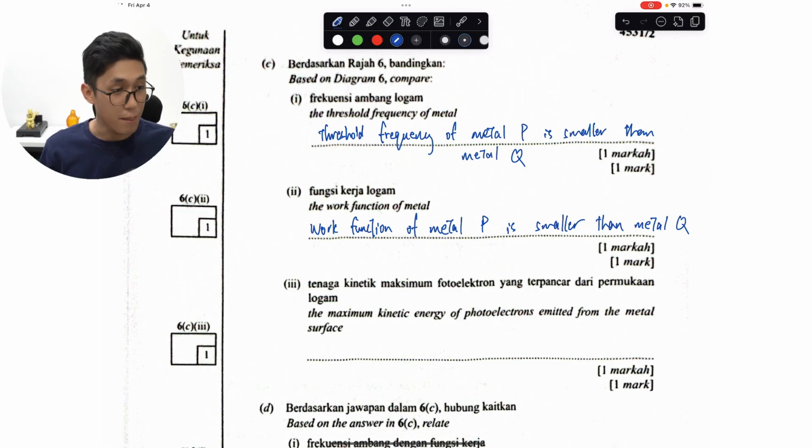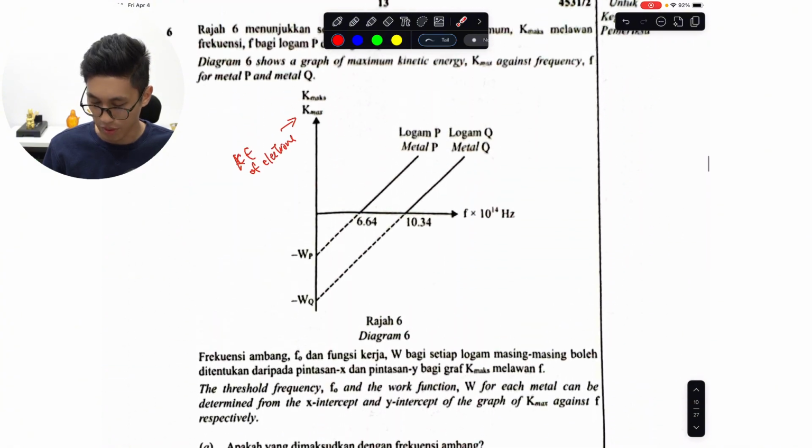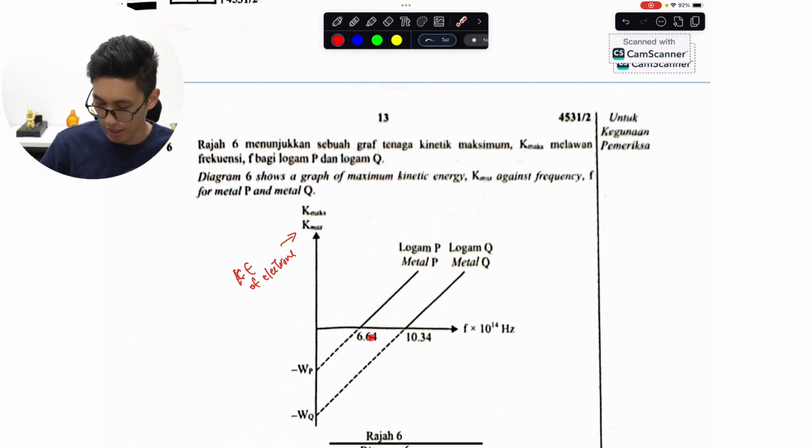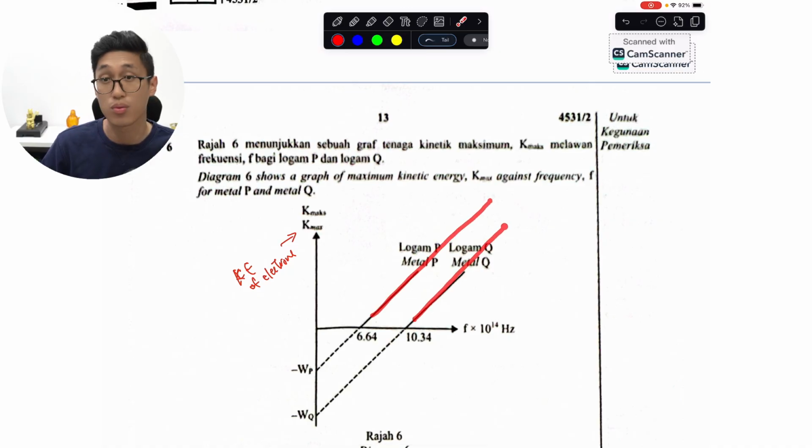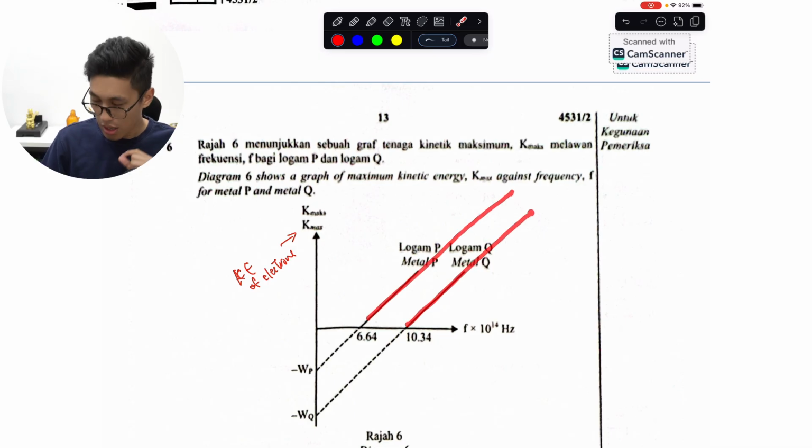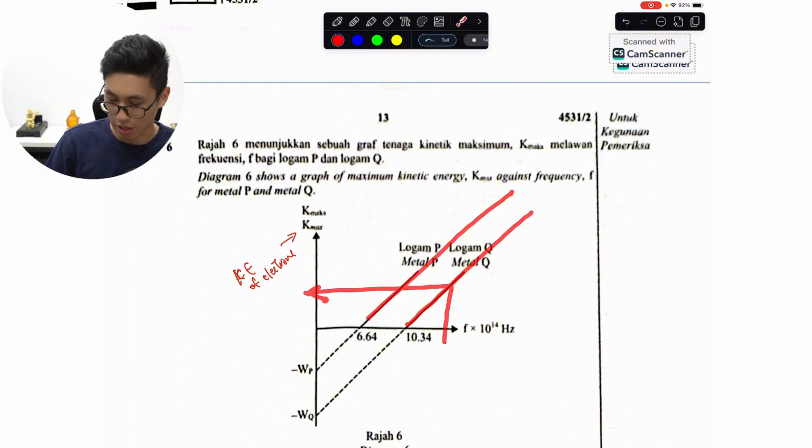Now the next one, the maximum kinetic energy of photoelectrons emitted from the metal surface. How to know? You just have a look at the graph. No matter which frequency you're looking at, P will always be above Q. Let me just extrapolate this a little bit. At this frequency, Q will release this energy electron and P will release this energy electron.